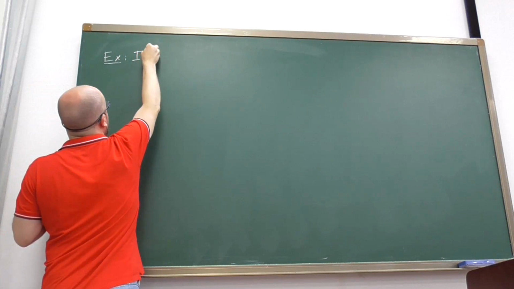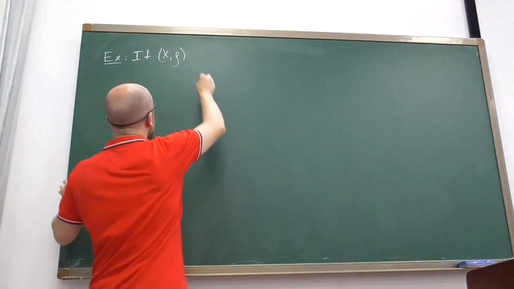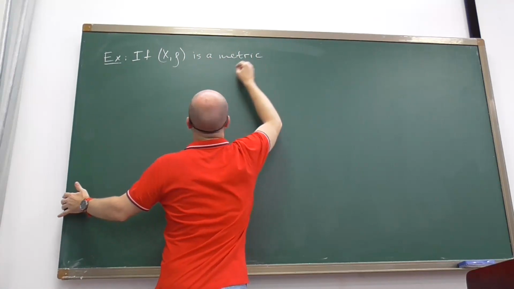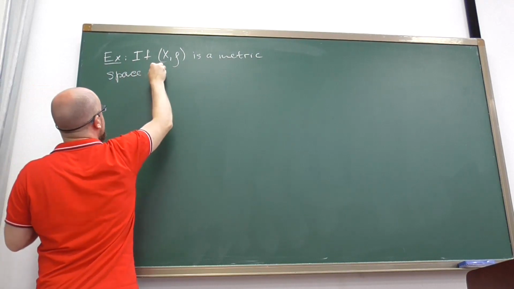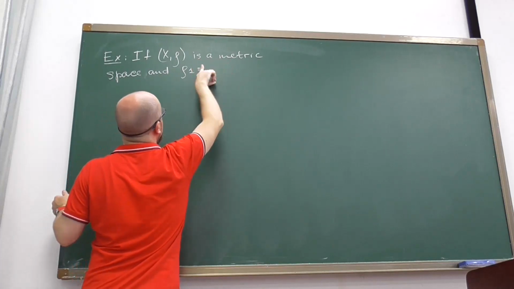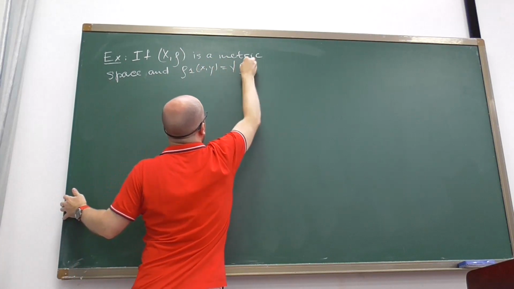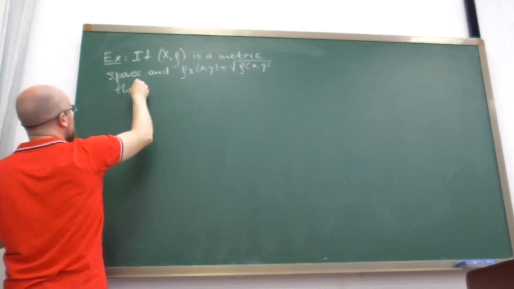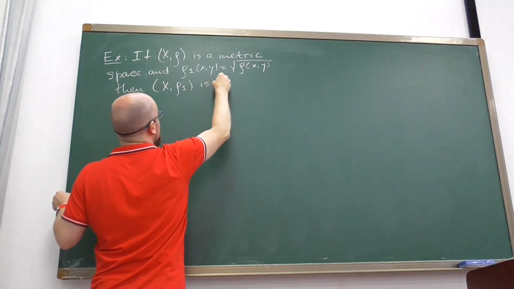If a pair X, rho is a metric space, and rho 1 of xy is the square root of rho, then X, rho 1 is a metric space.